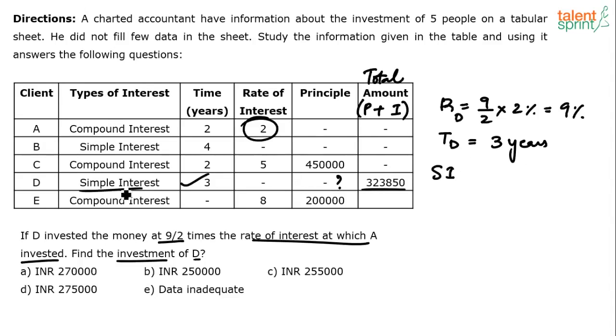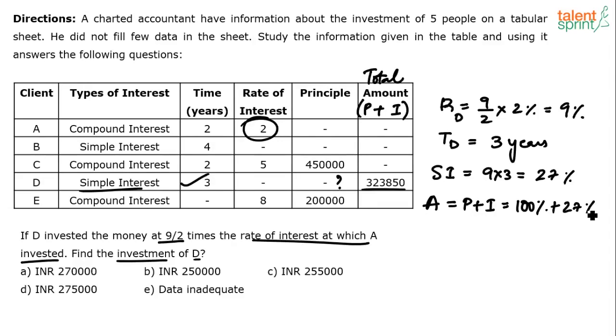It is a simple interest case for D, right? Simple interest is 9 into 3, that is 9% per year for 3 years. You'll get total 27%. Simple interest is 27%. Amount is nothing but total amount, principal plus interest. Principal is always 100%. So 100% plus 27%.